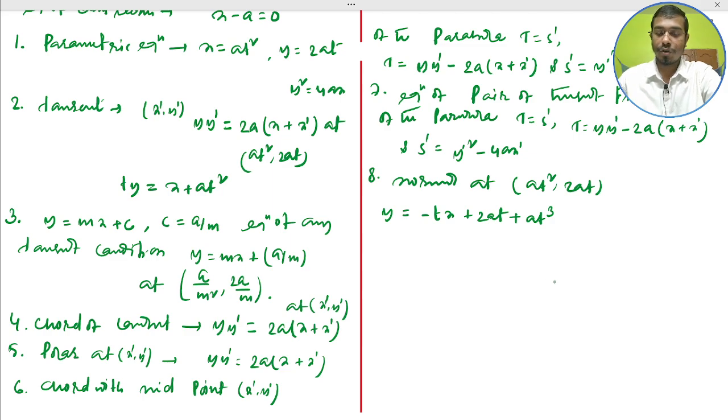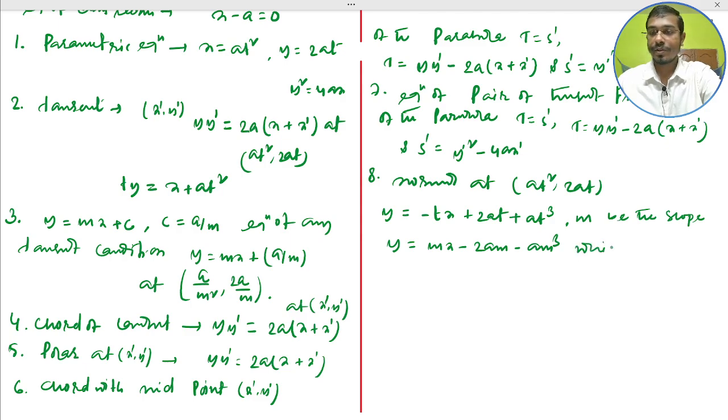If m is the slope of the normal, the equation becomes y equal to mx minus 2am minus am³, which is the normal to the parabola at the point (am², -2am). This is very important.